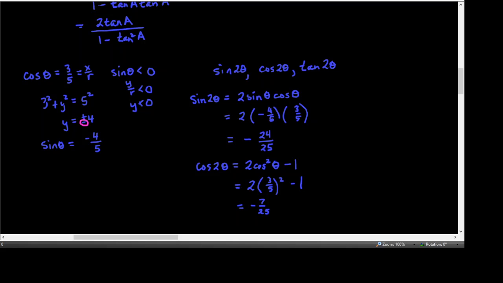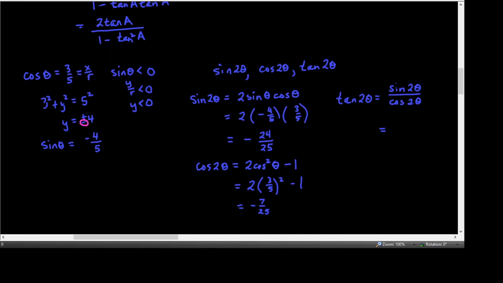Okay, and tangent of 2 theta. Well, you may think, oh my gosh, now I've got to use that double angle answer for tangent. Well, I'm going to be smarter. I'm going to rely on something else that would work just as well. The ratio identity, or sometimes called the quotient identity, is the quotient of these two things, which we've already found.